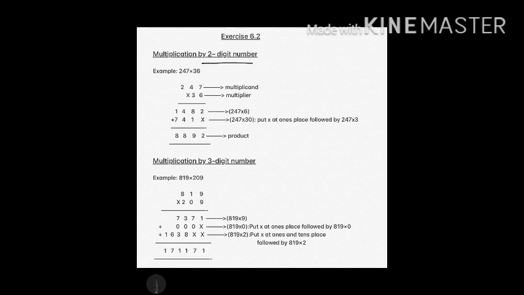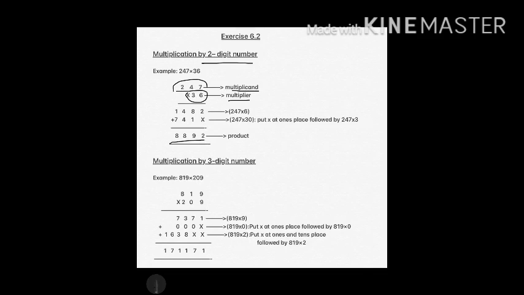Alright, first you need to understand and learn what we call the numbers which we are multiplying. The number to be multiplied, for example in this case 247, is called the multiplicand. And the number by which we multiply is called the multiplier.